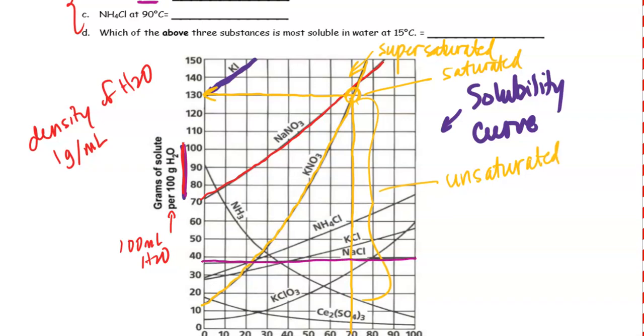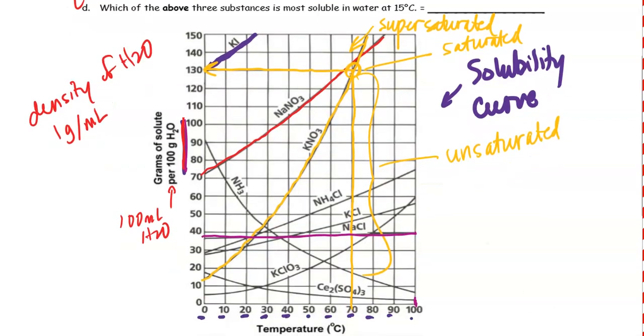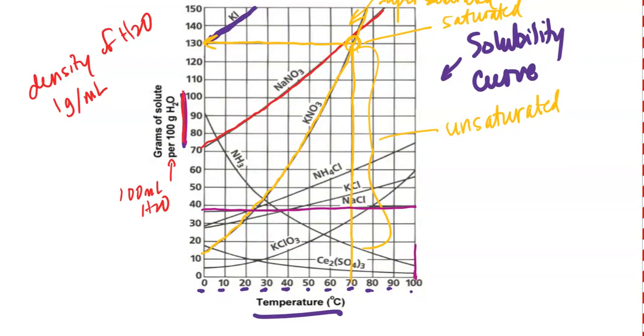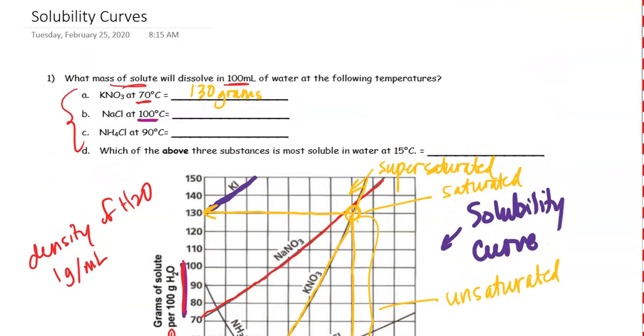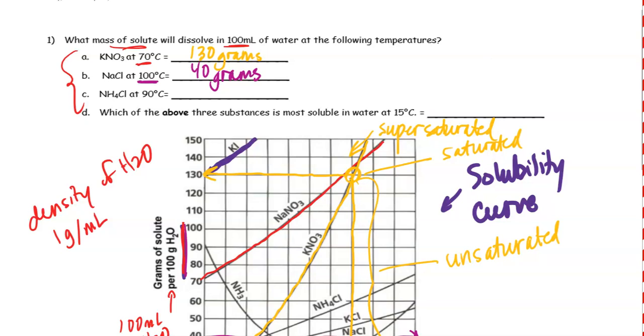Okay, and if I find 100 degrees Celsius and trace up, and then trace over to the y-axis, then basically I should get 40 grams of sodium chloride to dissolve in 100 milliliters of water there.